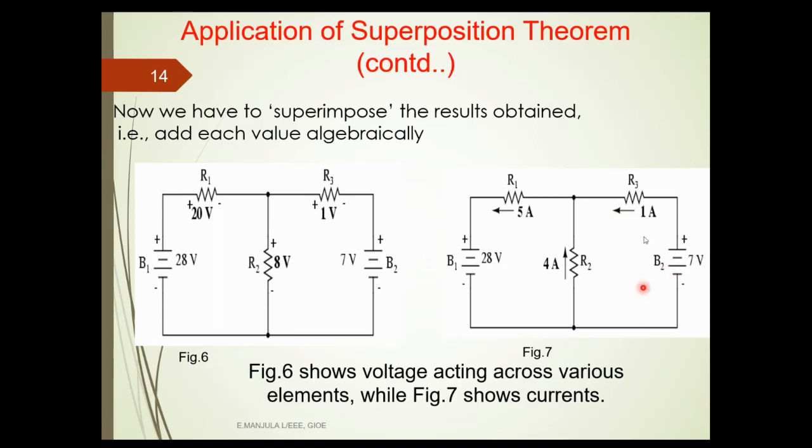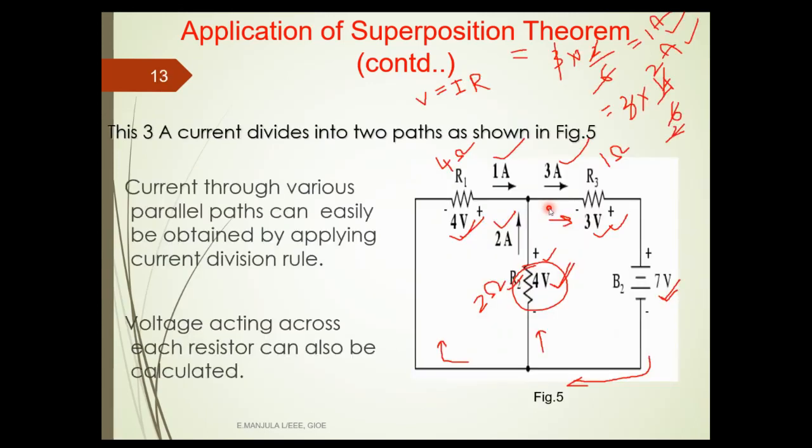So how will we do that? Here this is 28 and this is 7. Okay. So what is the current in R1? The current which is flowing through R1. So here the current in R1 is 1 amp.